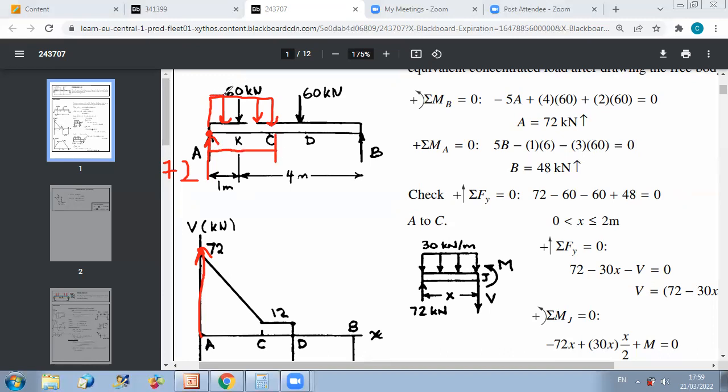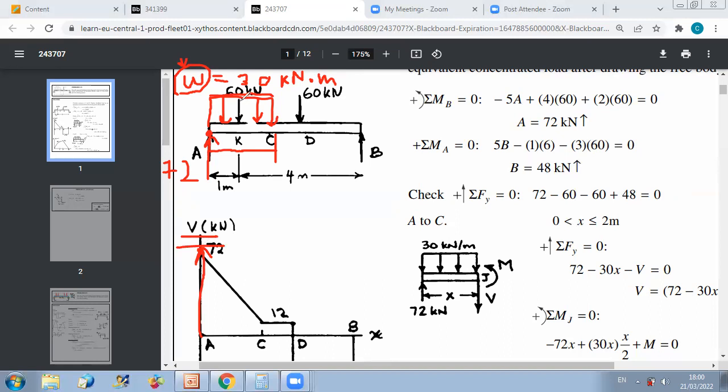We have a distributed load, and our distributed load W is equal to 30 kilonewton per meter. Now keep in mind that, if you go back to the review of statics we did together, W, the distributed load, constitutes the slope of the shear.